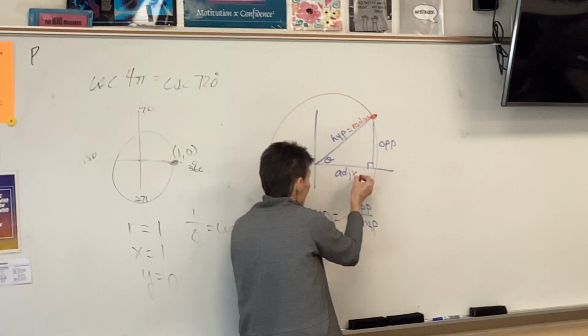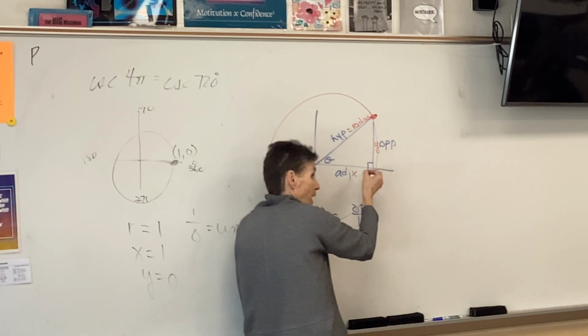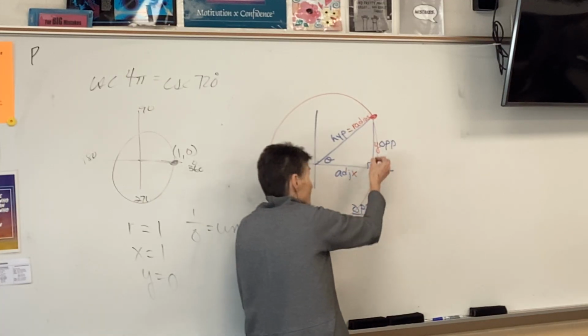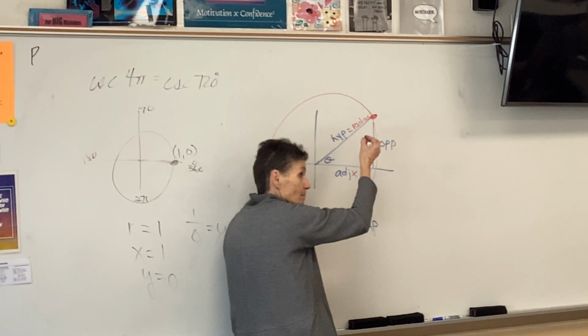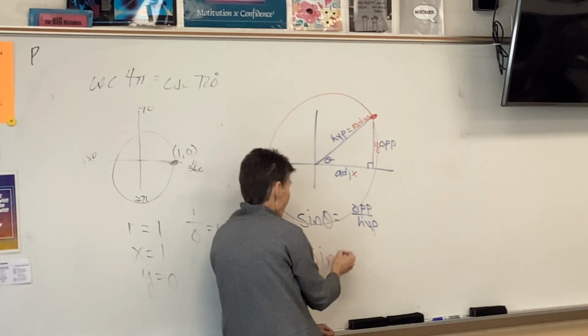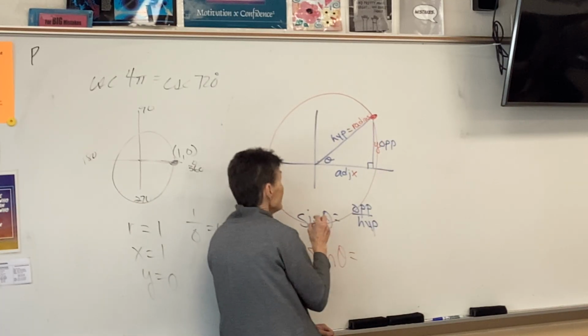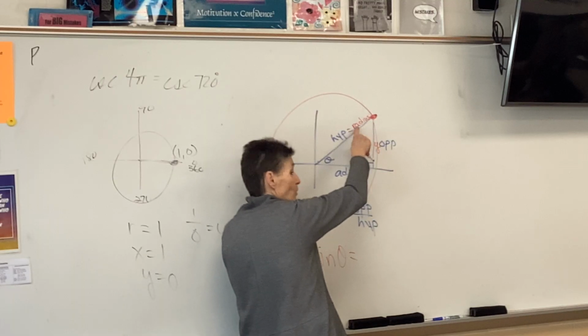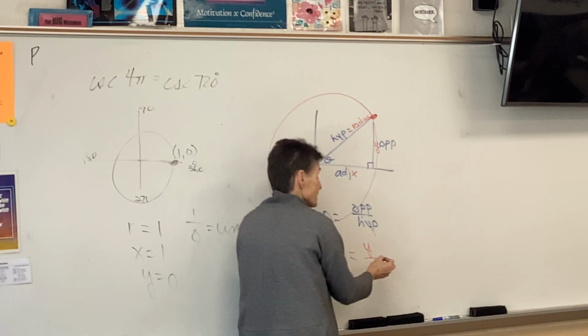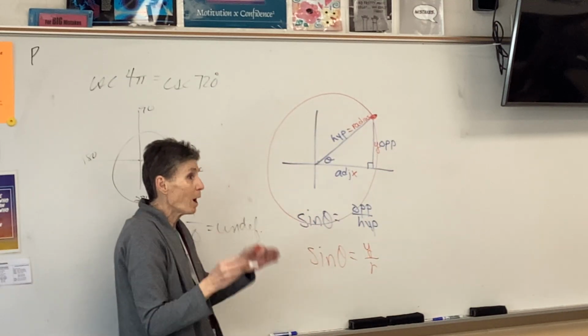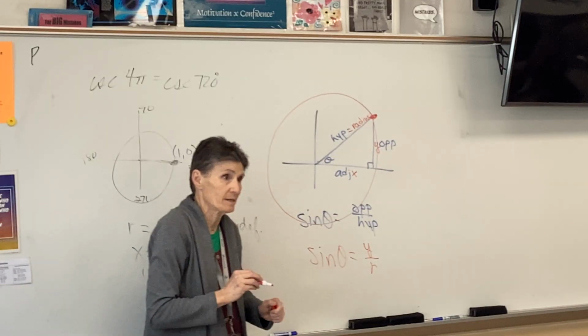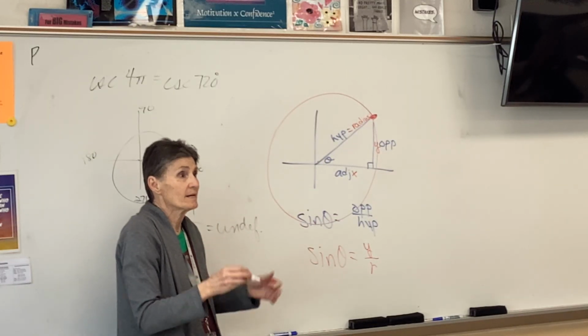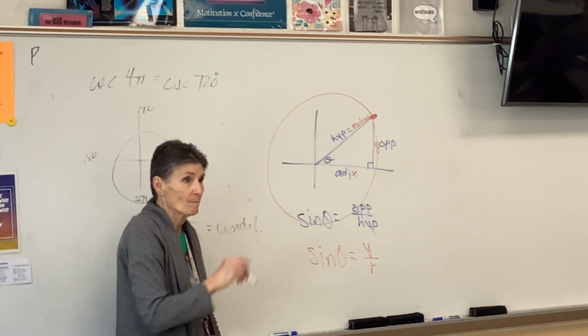So this is x, and this is y: over x, up y, to get to that point. So then sine, if I look at the red, is y over r. See how they're connected? The y side is the opposite side. The x side is the adjacent side.